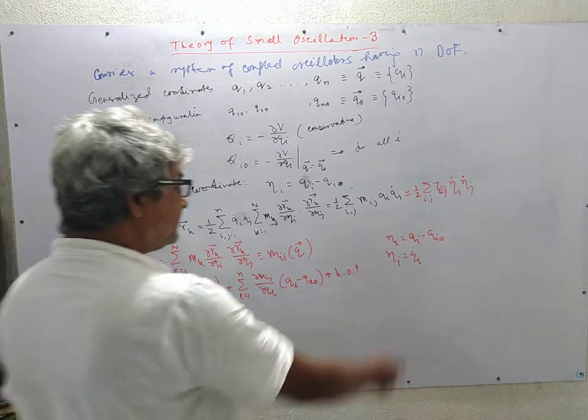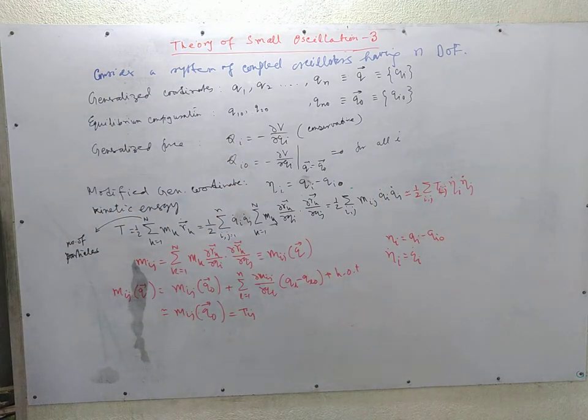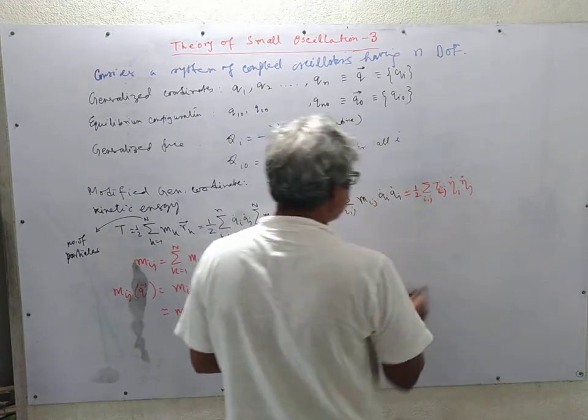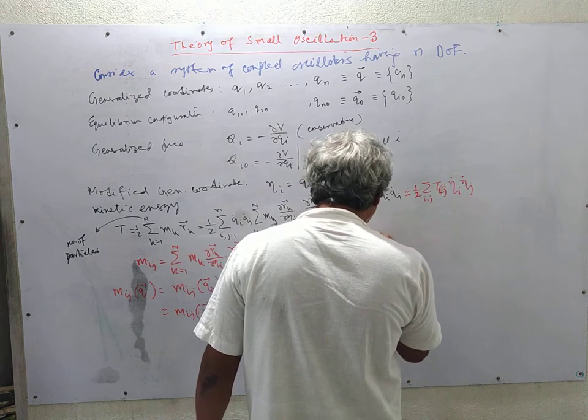Again, Tij may be assumed to be the components of a matrix, which is a real symmetric square matrix. So it is again a Hermitian matrix. So the T matrix is like this. We may write T matrix like B matrix.